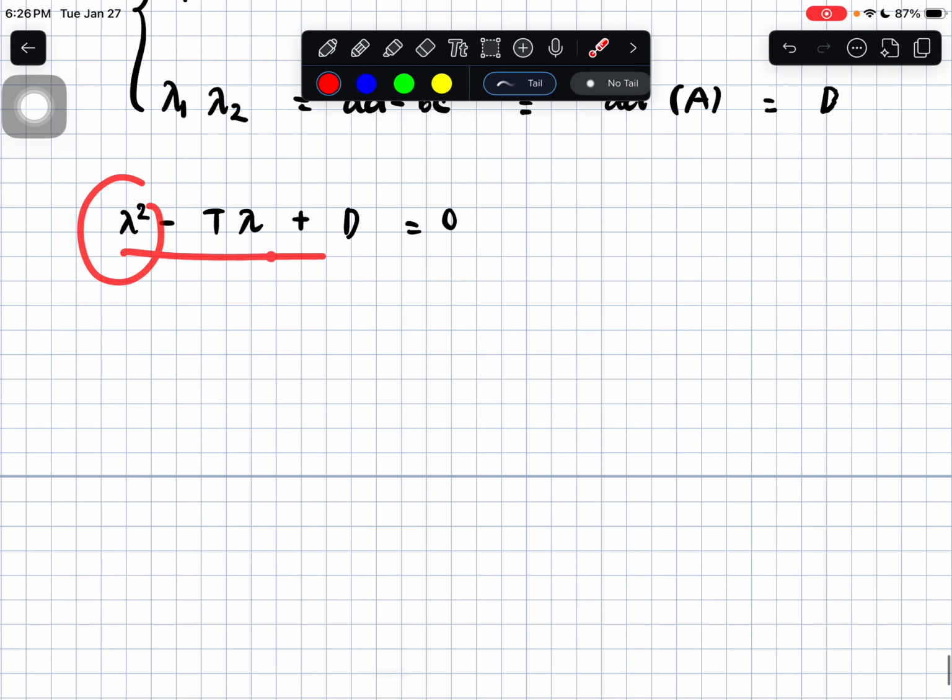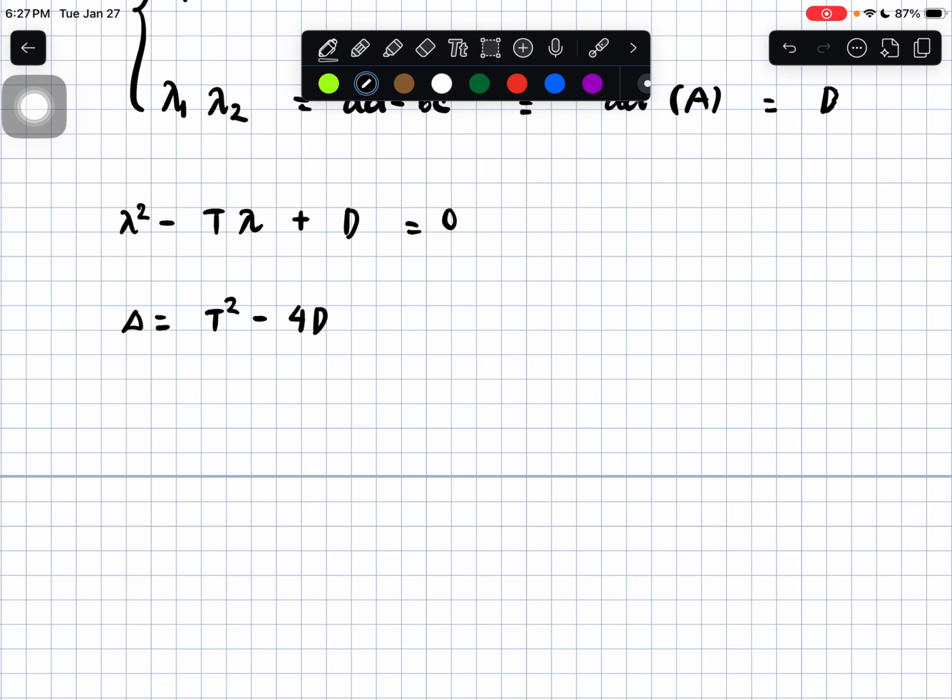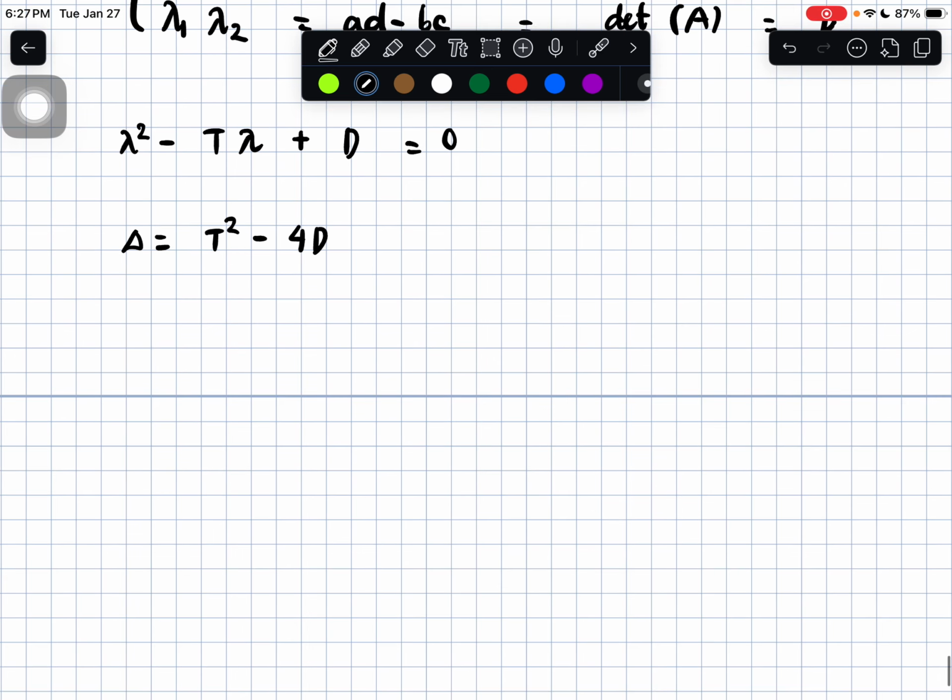We have a quadratic equation with discriminant delta equal to T squared minus 4 times D times 1. So we have three cases here: delta bigger than 0, delta equal to 0, or delta less than 0. In the first case we will have two real eigenvalues, lambda 1, lambda 2.